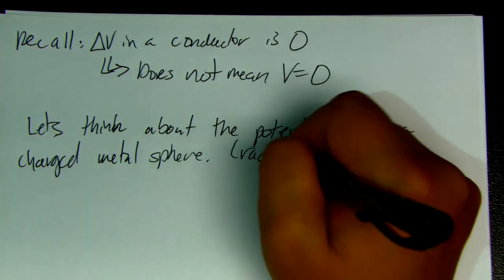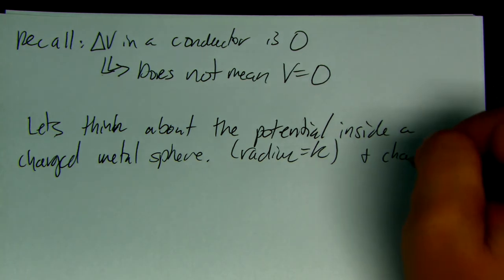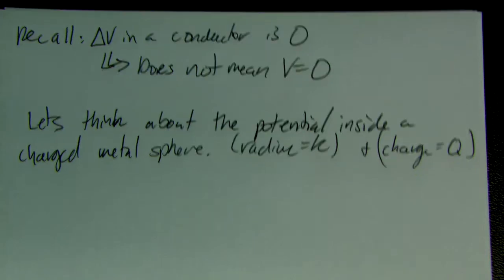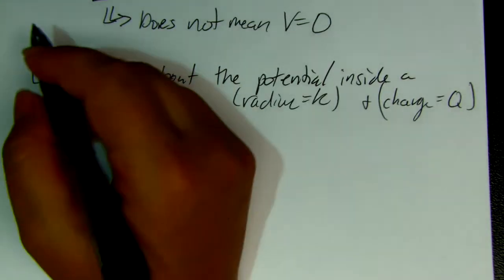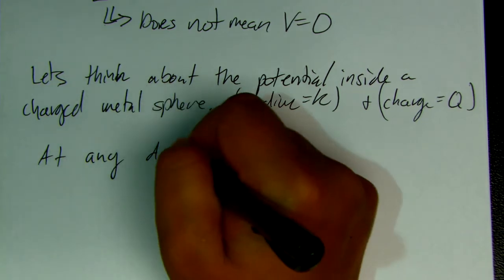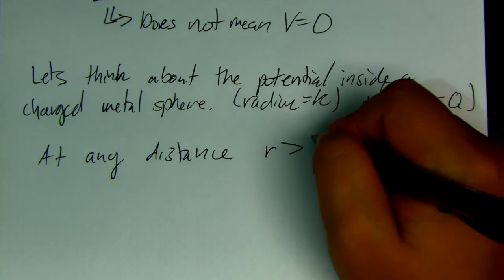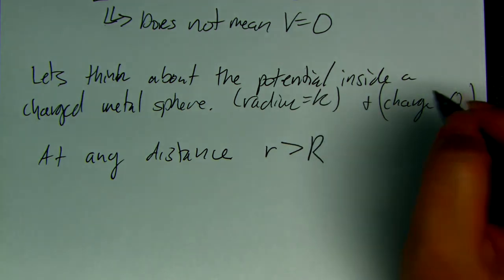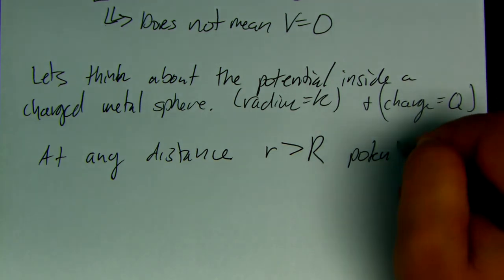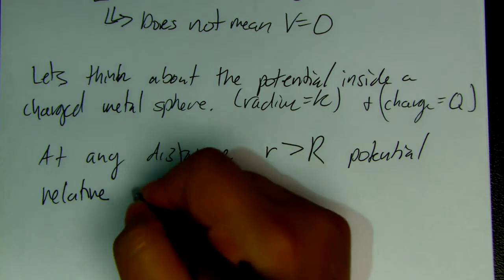It has radius equal to R and charge equal to Q. At any distance r greater than big R, the potential relative to infinity is just going to act like a point charge.